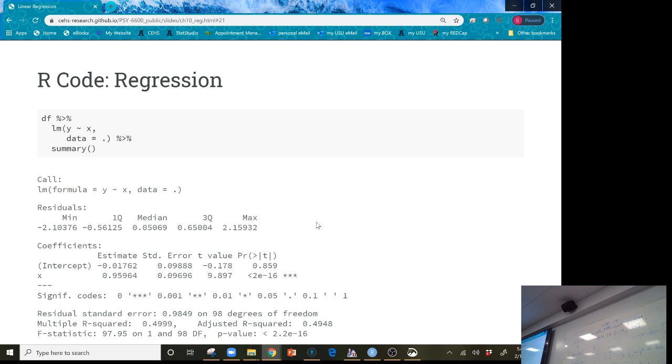B sub 0, B naught. So this is your B naught, your y-intercept. And if you look all the way at the end, that's its p-value. Then here it says x, which is our predictor. Here's its slope, 0.95. And it has a p-value.